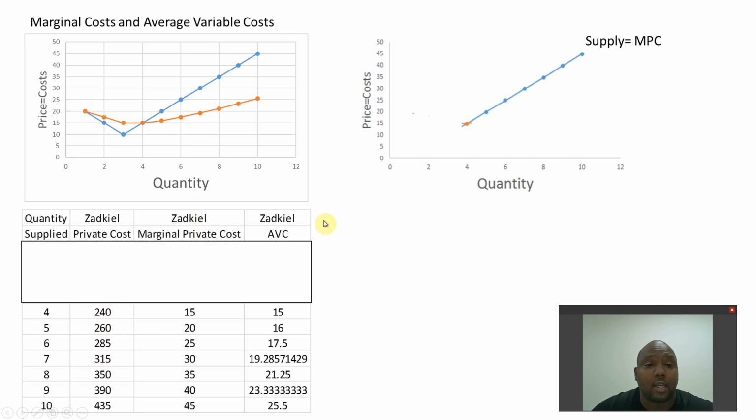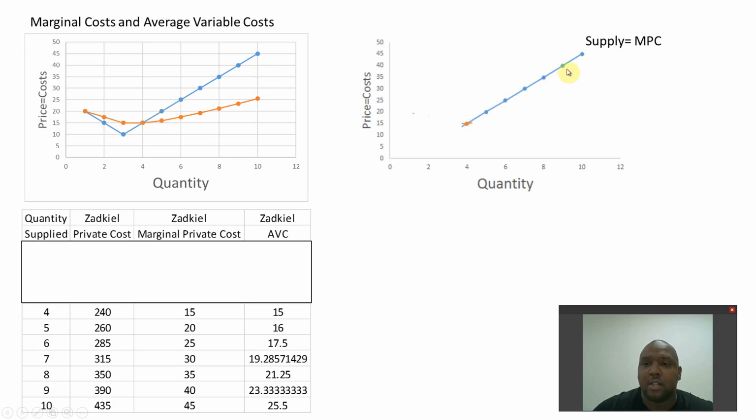And you can see that I took an eraser and erased all of the parts where the firm is not willing to produce these quantities below 4. It's the same graph. I just erased the quantities that the firm is not willing to produce. The firm will produce at the minimum average variable cost level and onward, where price is at least equal to average variable cost. This is price, 15 is equal to there, and then onward.